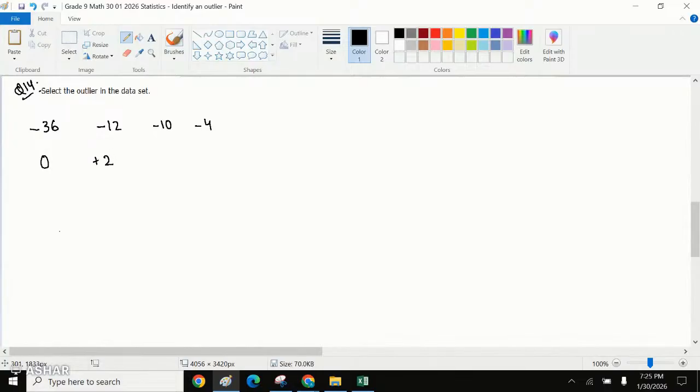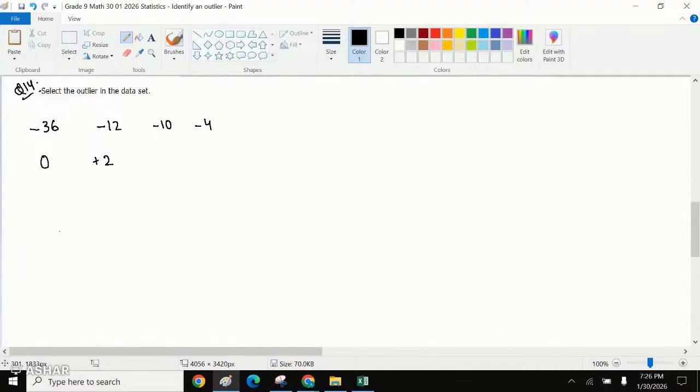Okay. What number should be an outlier in this case? Because we have negative numbers also over here. So what are the two extreme numbers? Should it be 0 and plus 2? Or should it be negative 36 and negative 4 or 0?